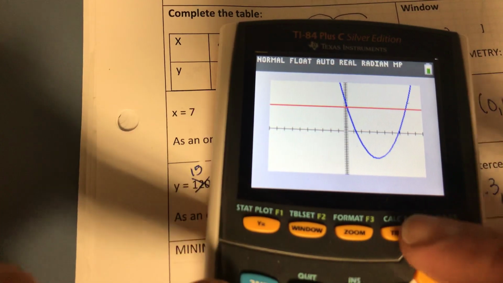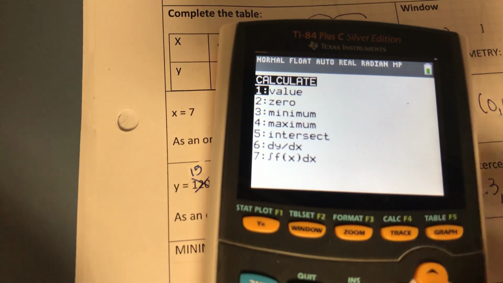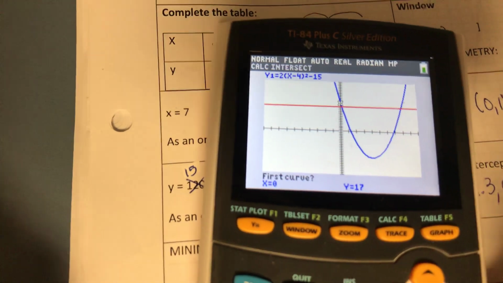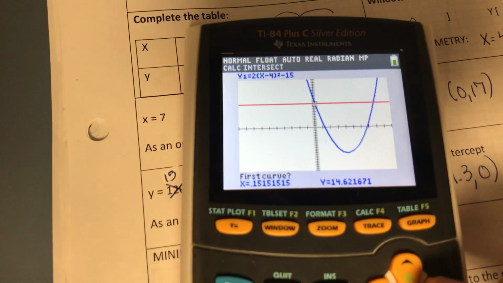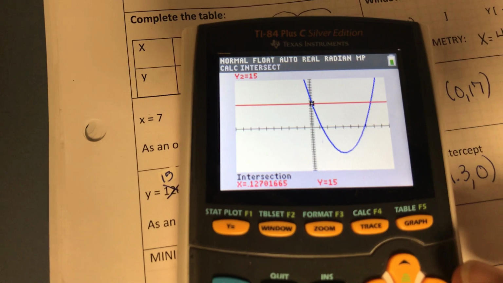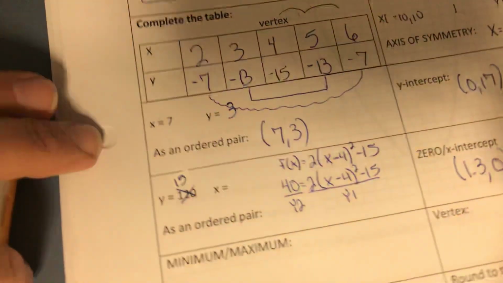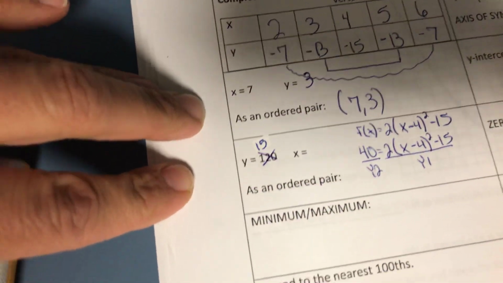And now I'm going to do second trace. I'm going to choose option 5 for intersect. And I'm just going to scroll to where I think the first one is, hit enter 3 times. And that's going to give me, rounding to the nearest tenths again, 0.1. So where are we?